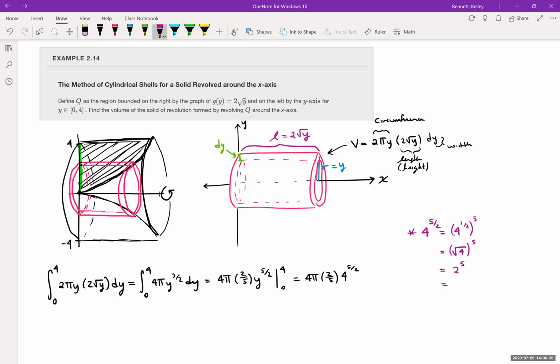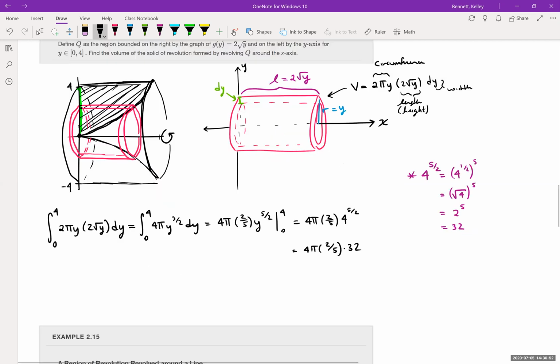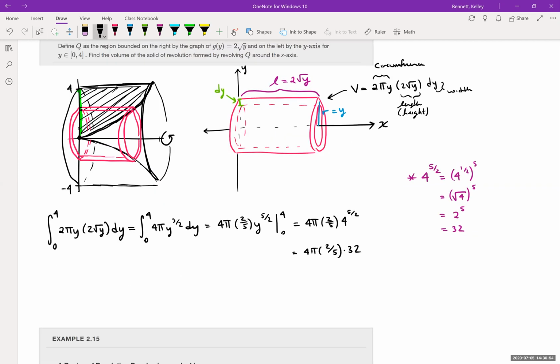And I know my powers of 2, so I know that 2 to the 5th is 32. So what I get is 4 pi times 2 over 5 times 32. 32 times 8 gives me 256. So this is 256 pi over 5.